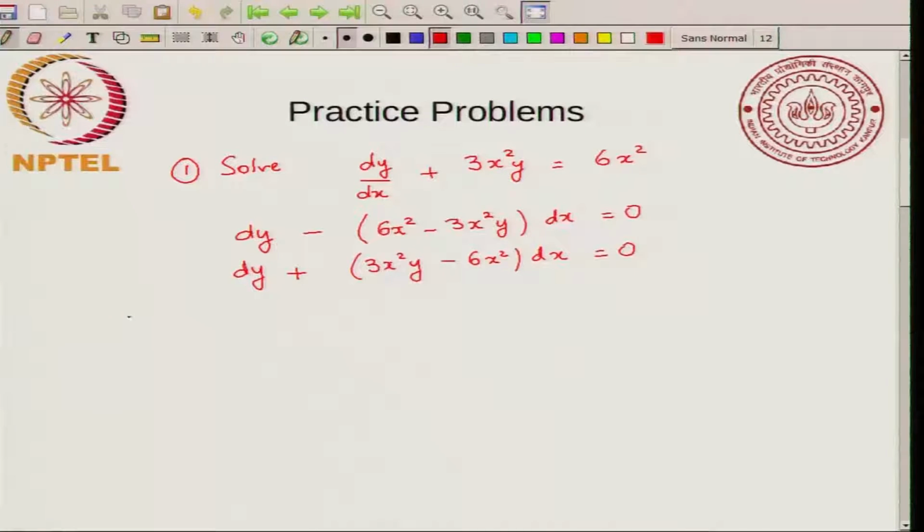So, by separation of variables. What do I mean by separation of variables?